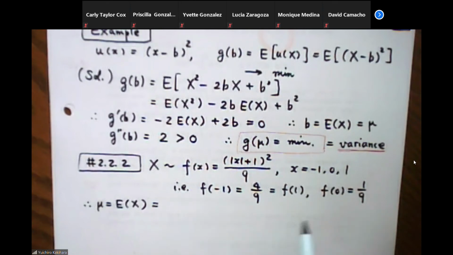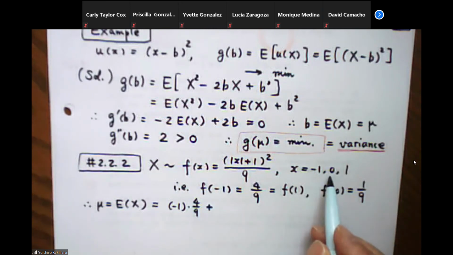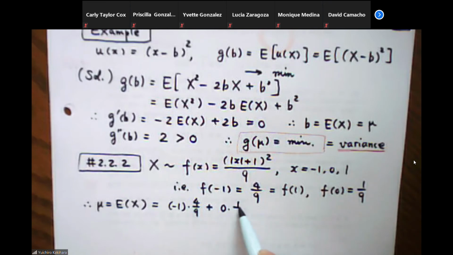When x is negative 1, we have negative 1 times the probability 4 ninths. Secondly, the value is 0, so 0 times 1 ninth. And finally, 1 times 4 ninths.